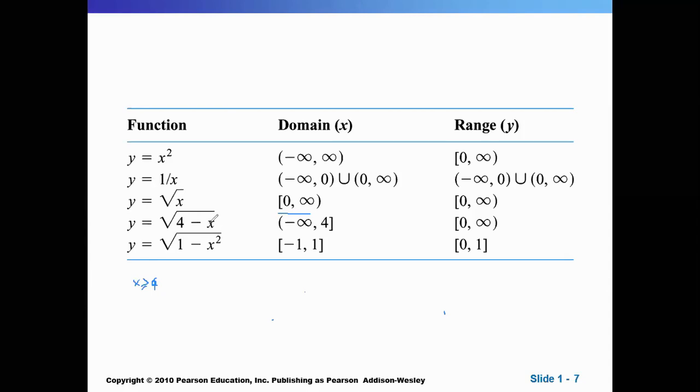If I put 0, it's square root of 4. If I put negative 1, square root of 5. Negative 2, square root of 6. Negative 3, square root of 7. Negative 4, square root of 8. And it keeps going, right? So until it goes to negative 100, negative million, until it goes to negative infinity, but it will not reach negative infinity. So that's why we have negative infinity, comma, 4.